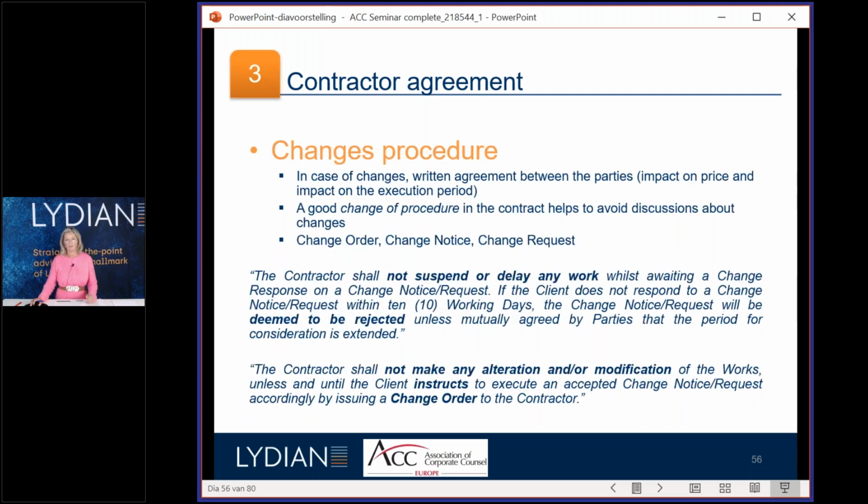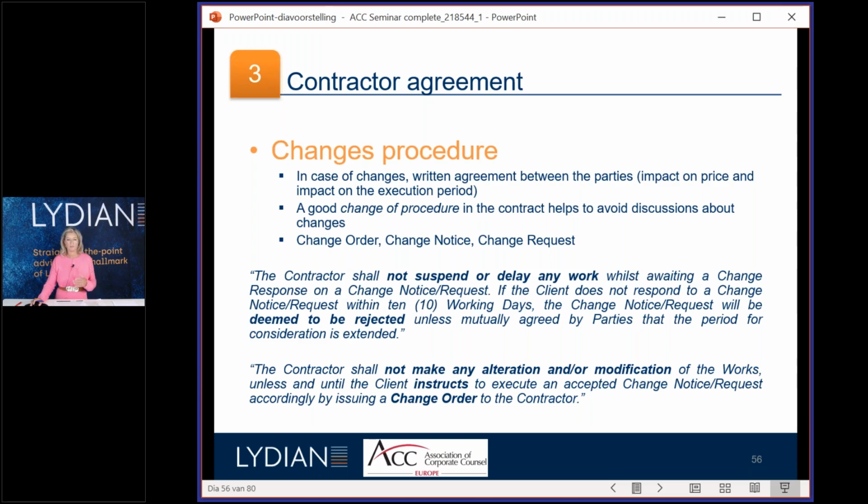Then another very important topic, we do advise you to mention a clause in the contractor agreement. It's a good change of procedure clause. Changes will occur anyway for smaller construction projects and for large construction projects. Changes will have an important impact, or can have an important impact, on both timing and price.